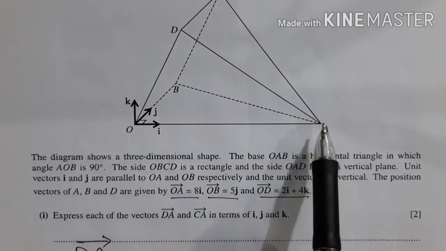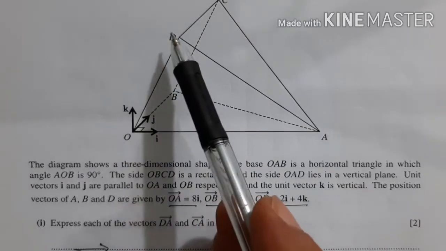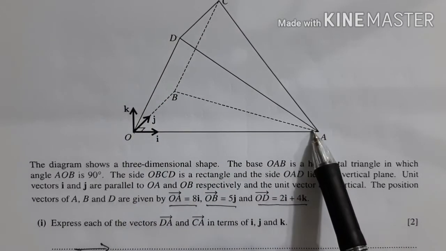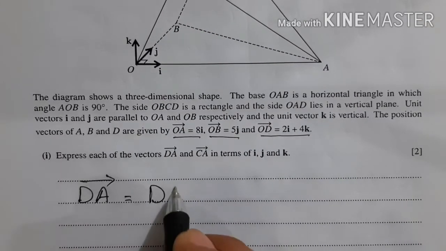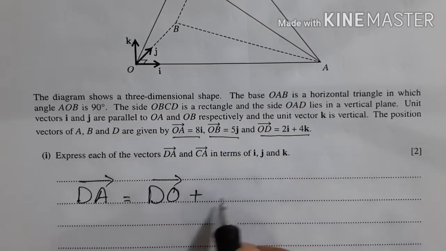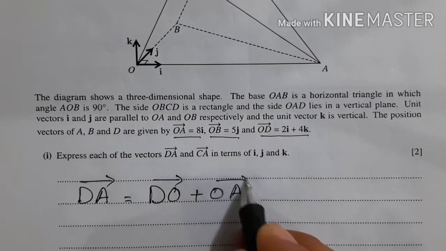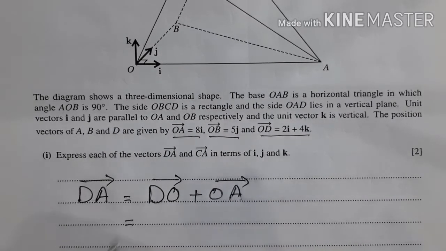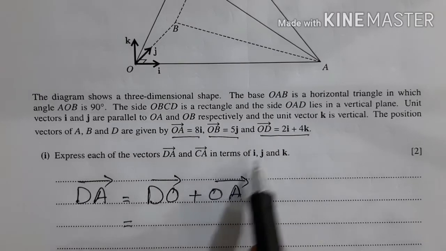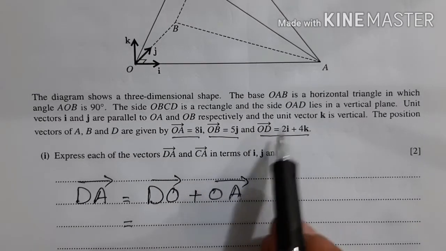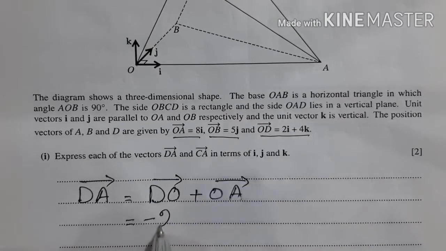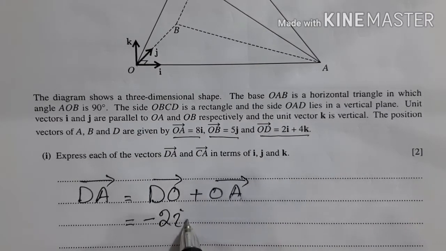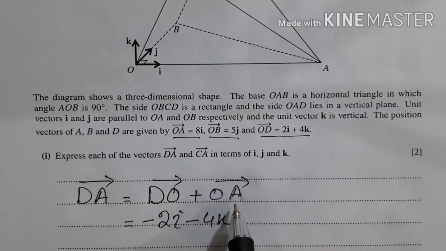For DA, we'll go from D to O and then O to A. So this will be our route: DO plus OA. What is DO? It is the opposite of OD, so sign change: minus 2i minus 4k plus OA.